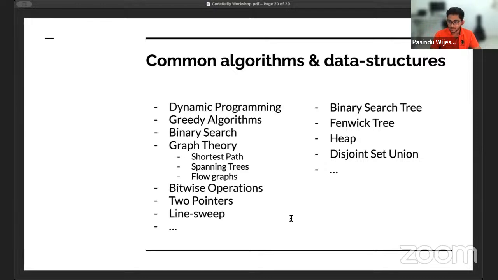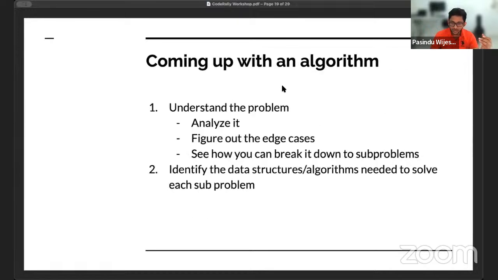But before learning those algorithms, you will know a small subset of algorithms that you're already familiar with. You need to build your ability to identify the right data structures and algorithms from the list that you know for a problem, and to be able to apply those mechanisms to solve the problems that you're facing.